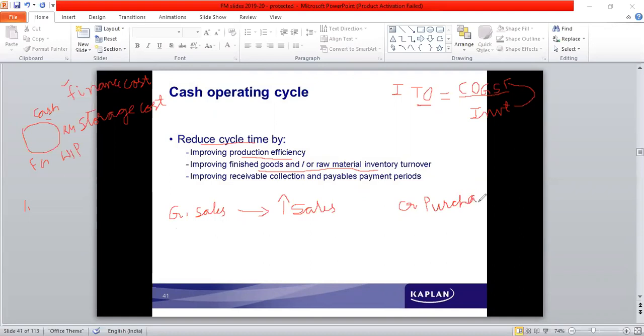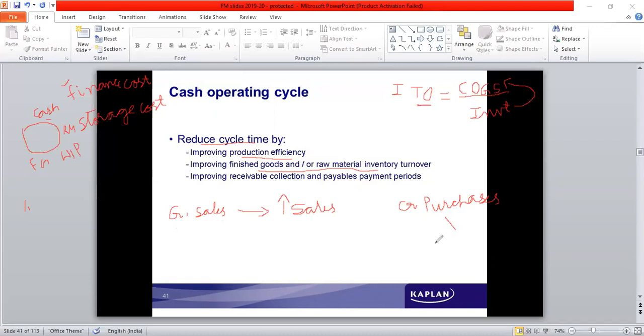The supplier is providing a credit facility, but this time the payment should not be made as early as possible; delay it as much as possible, not to the extent of affecting the reputation of the business, so that they get the benefit of utilizing their cash for meeting other expenses. As much credit period as is extended by the supplier, utilize it.